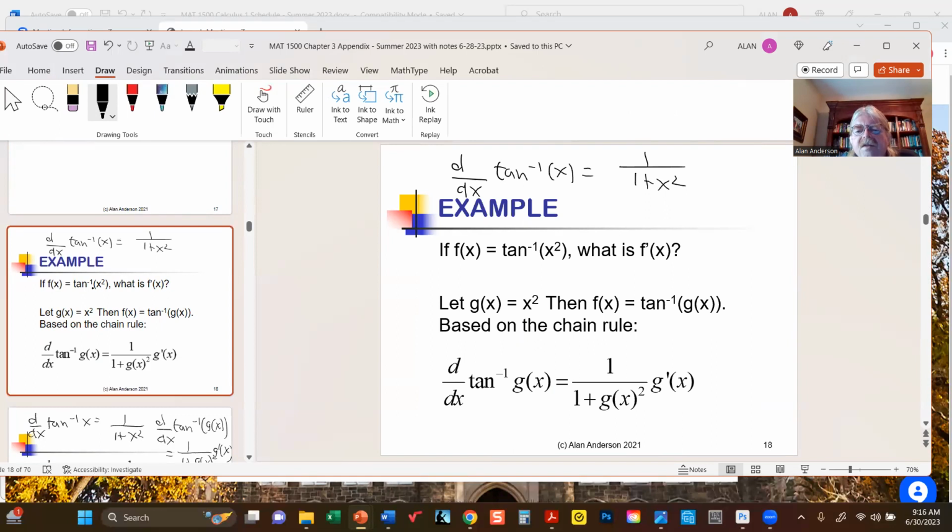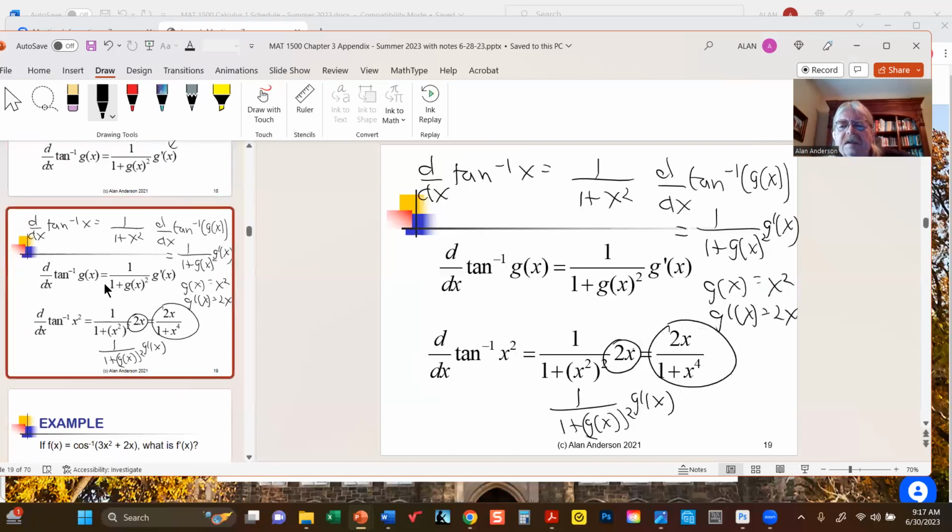So when it comes to a function of x, we're going to end up taking the same derivative, but we'll also need g prime of x. In other words, whatever this is, we'll need to take into account its derivative. So the final result here is that the derivative of arc tangent of g of x is 1 over 1 plus g of x squared times g prime of x.